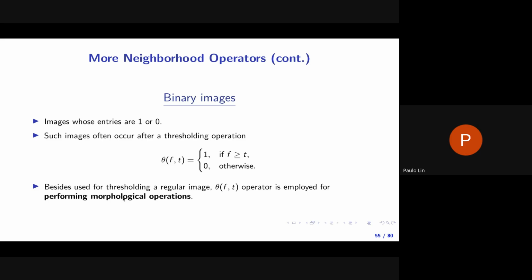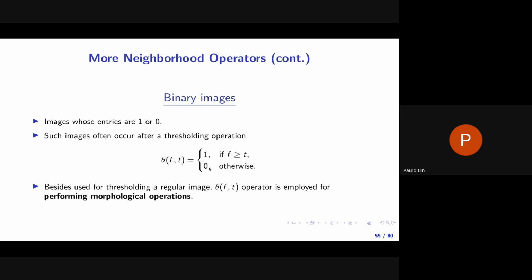The simplest operation to obtain this kind of binary image is to apply thresholding, which means that pixels above a threshold are labeled as 1, and pixels below the threshold are labeled as 0.